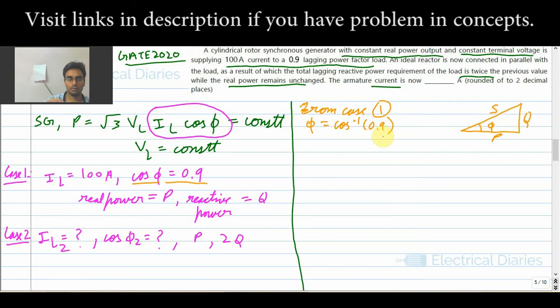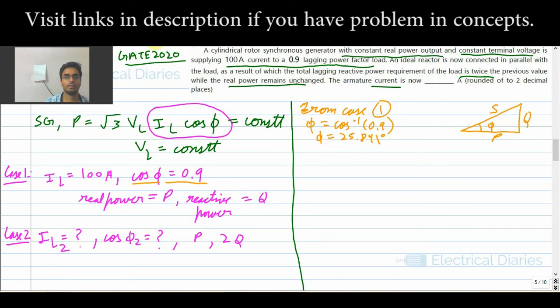Let me calculate: phi is equal to 25.84 degrees. Whenever two decimal places are asked, you must keep your answers up to 3 decimal places while calculating and finally report the answer in 2 decimal places. It doesn't matter much, but you will be falling in the range. So phi is given to us as this much for case 1.